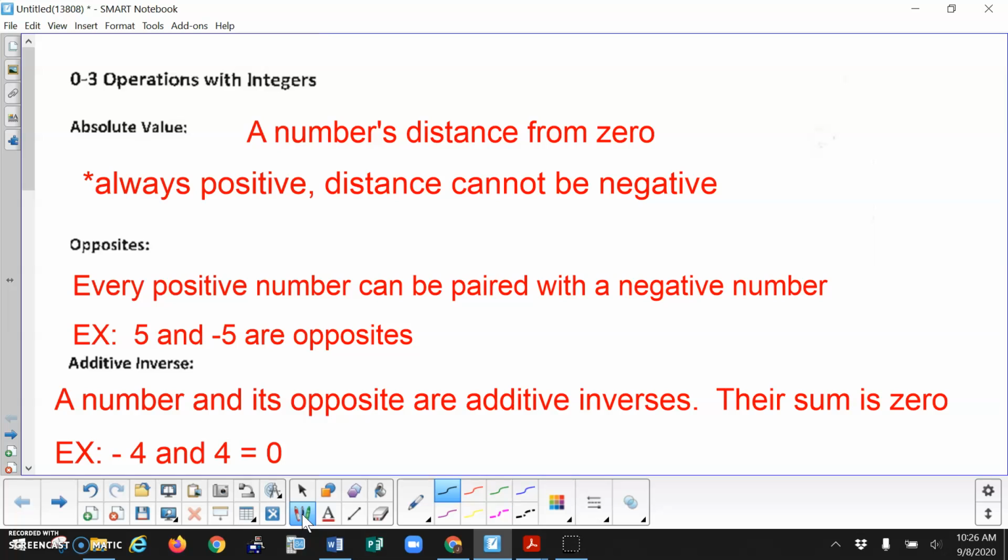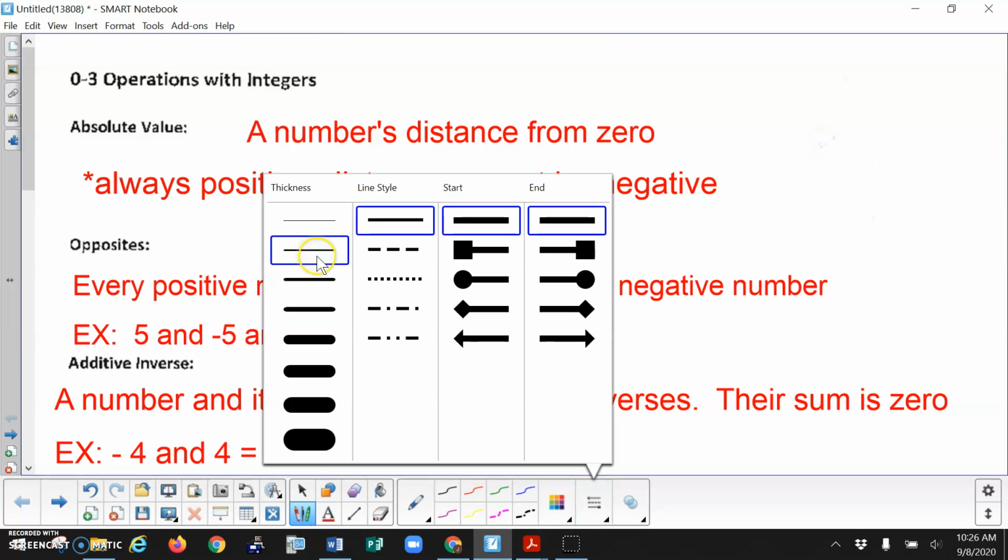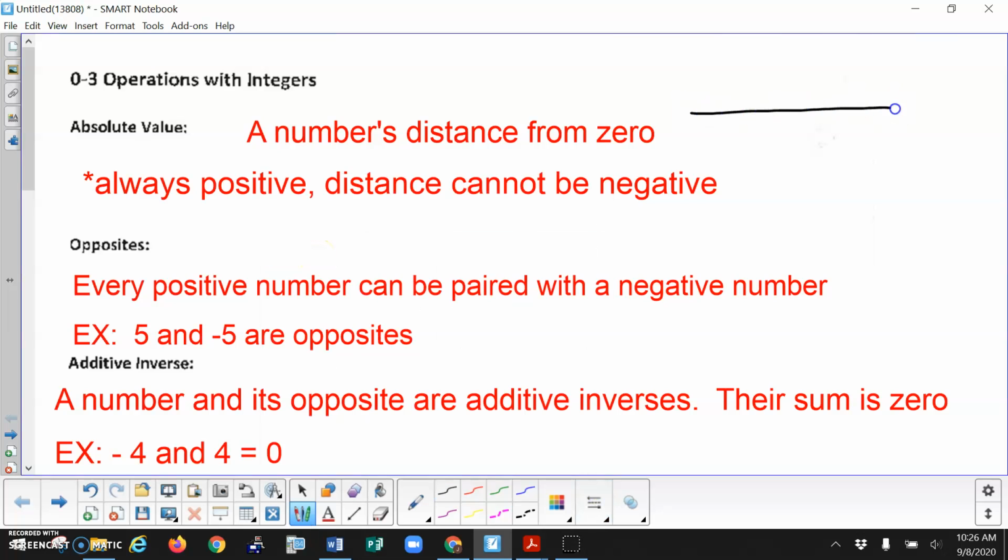So for example, if I was looking at a number line and I have 0 right in the middle, and I have the numbers 2, 4, 6, and so on, or I have the numbers -2, -4, -6, and so on, and I'm talking about the distance from 0, we're just talking about the number of units we are from 0.